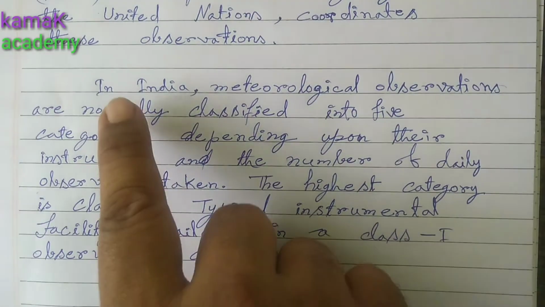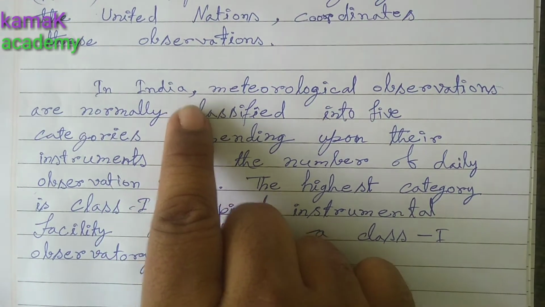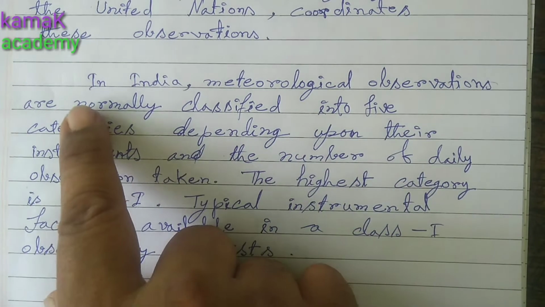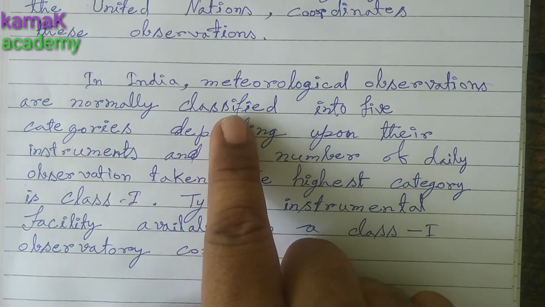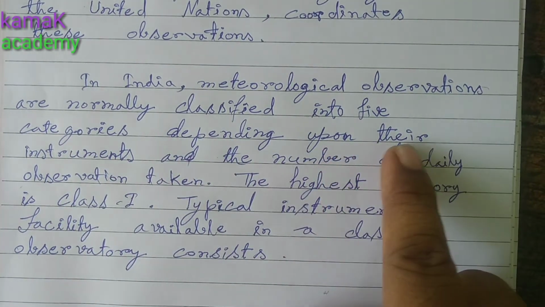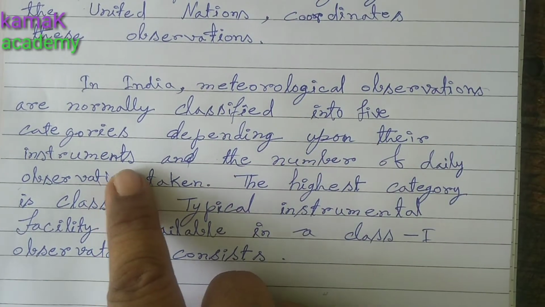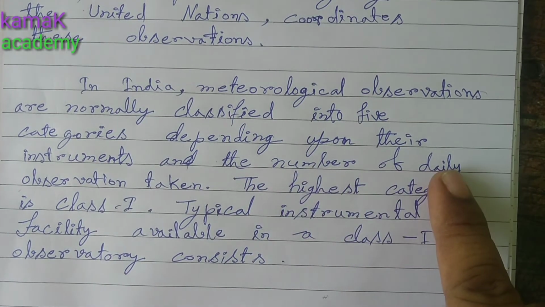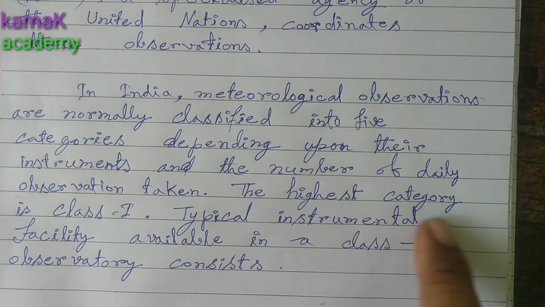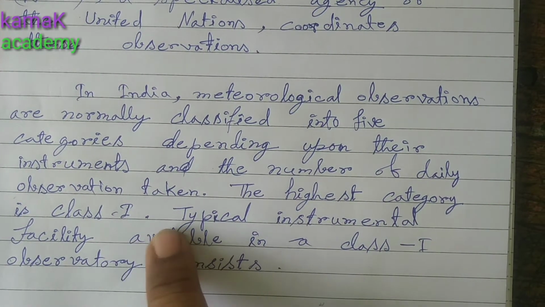In the next para, in India, meteorological observations are normally classified into five categories depending upon their instruments and the number of daily observations taken. The highest category is Class 1.